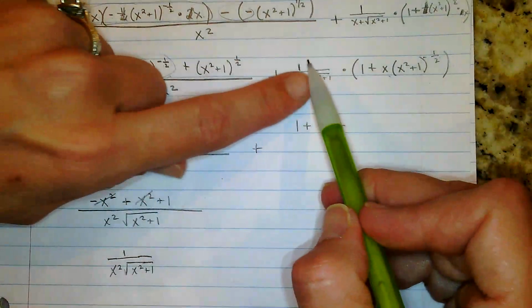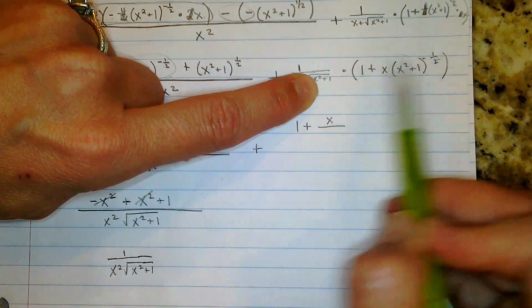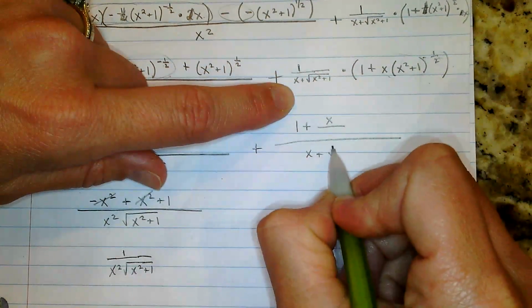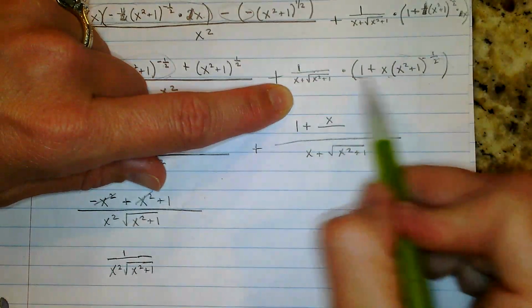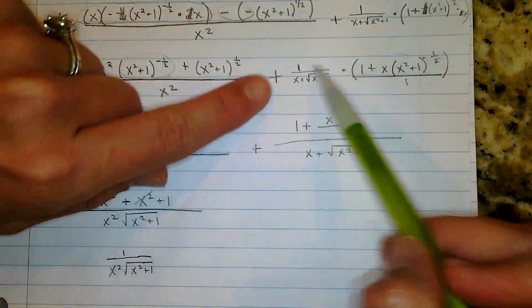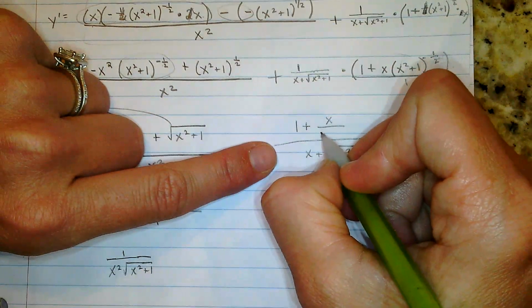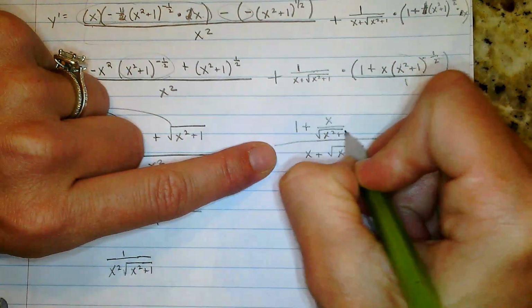So I'm doing 1 times this is going to be my new numerator, all over x plus root x squared plus 1, because that's technically over 1, but within the numerator, I'm getting rid of this negative 1/2 power, and I'm going to put it over root x squared plus 1.